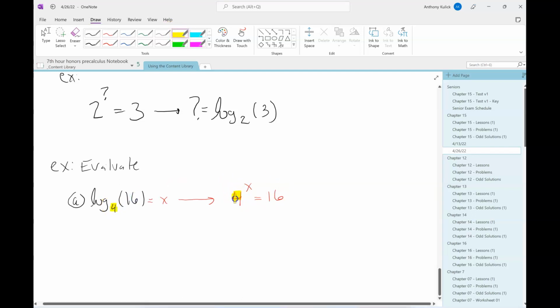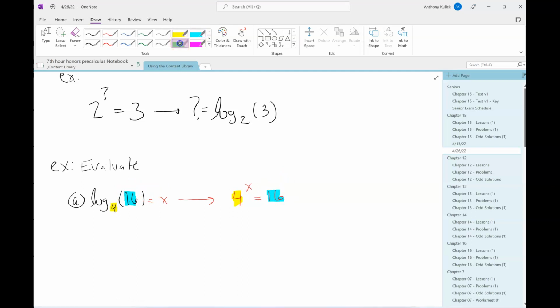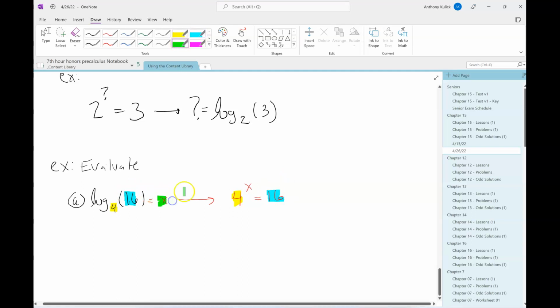The base of the logarithm is the base of the exponential. The argument of the logarithm is the solution to the exponential. And the solution to the logarithm is the exponent in the exponential. But this should be pretty easy. 4 to what power is equal to 16? 2. 4 squared is 16. Easy mental math problem. Still doing good? Okay, let's keep going.